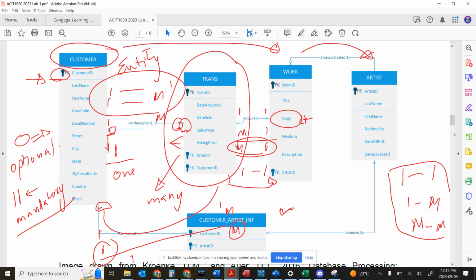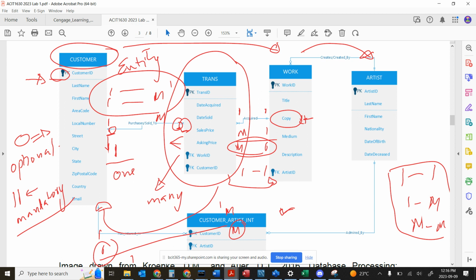So each of the works will be unique, but one work can have only one record in our order. So if you're buying something, it consists of a number of units. Let's say you have bought two paintings belonging to one artist. You will just add quantity as two rather than adding one more transaction in your invoice.